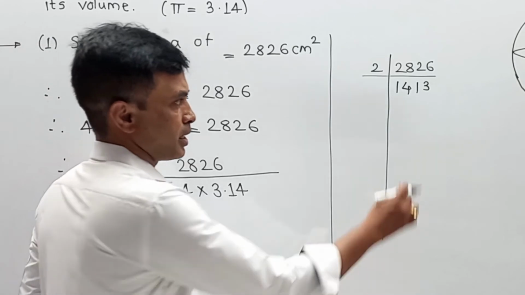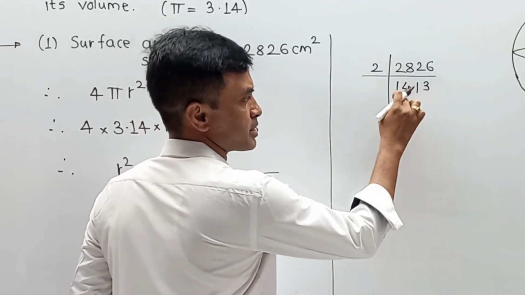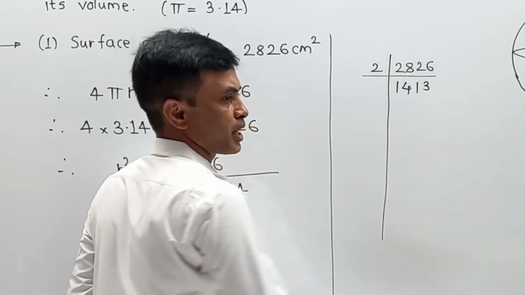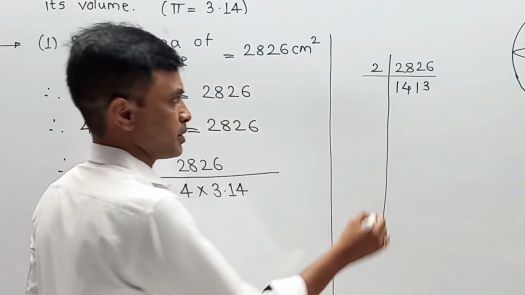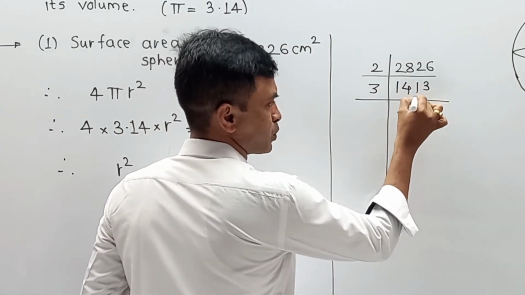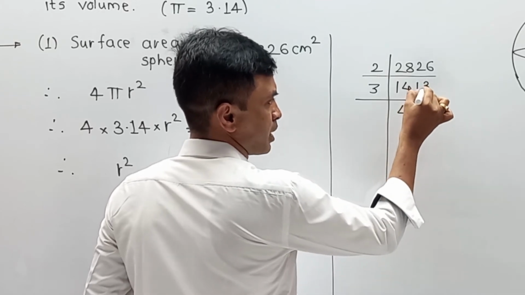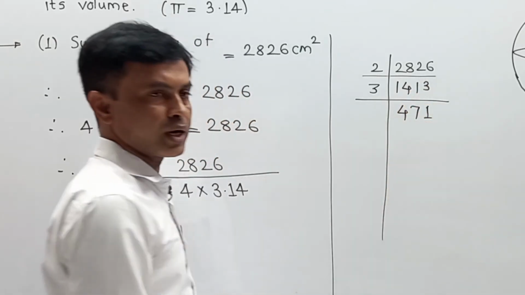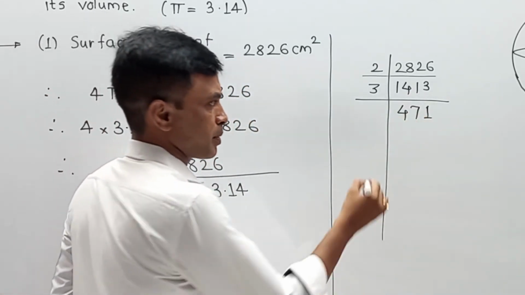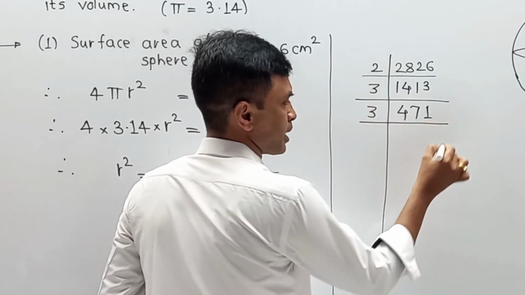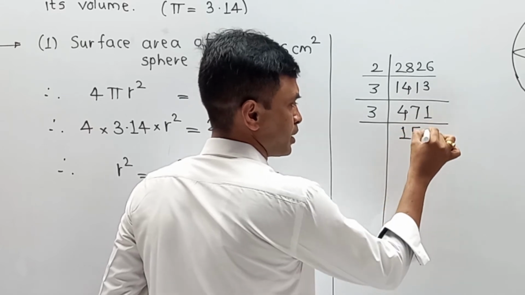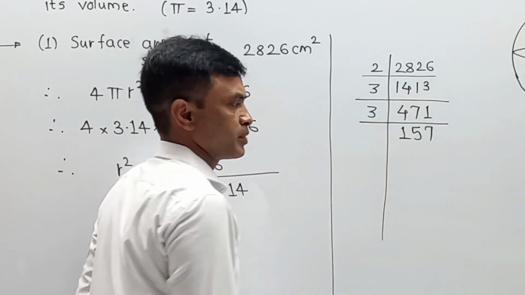If the sum of digits is divisible by 3, 1 plus 1 is 2, 2 plus 4 is 6, plus 3 is 9, this number is surely divisible by 3. So dividing it by 3, 3 4s are 12, carry 2, 3 7s are 21, and 3 1s are 3. Now again 7 plus 1 is 8, plus 4 is 12, so again this number is divisible by 3. So I am going to divide it by 3, and 3 1s are 3, carry 1, 3 5s are 15, carry 2, and 3 7s are 21.